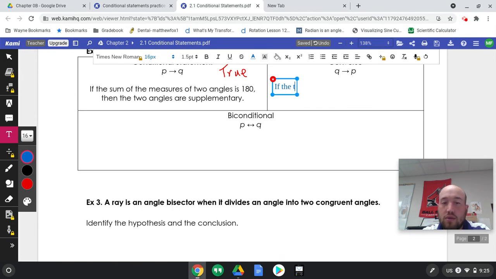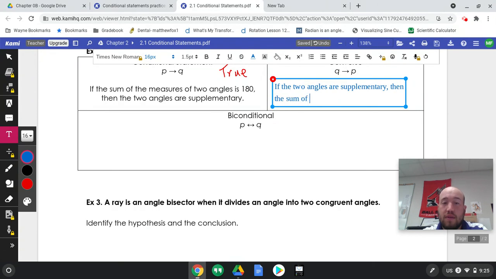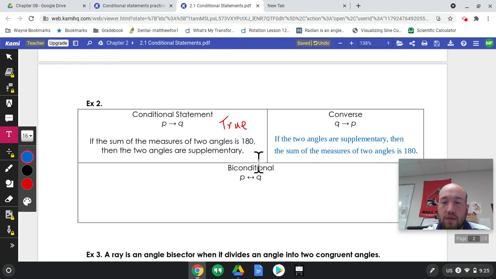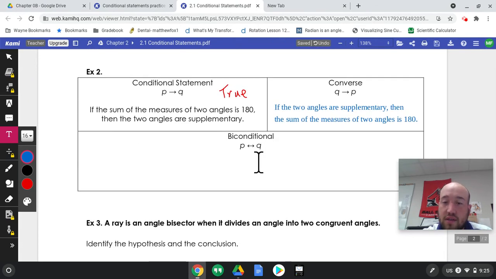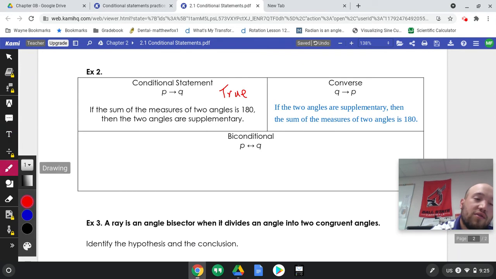So if the two angles are supplementary, then the sum of the measures of two angles is 180. That will also be a true statement.